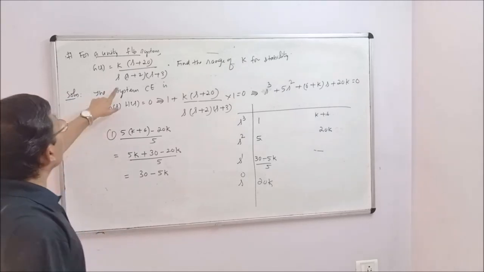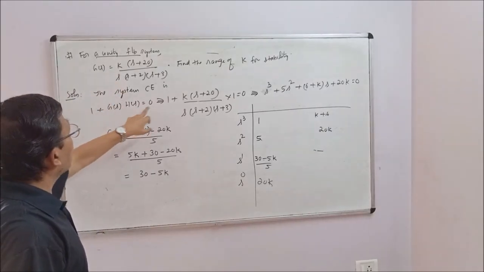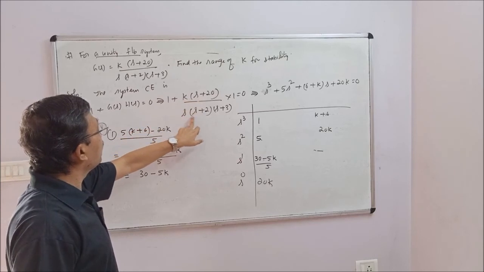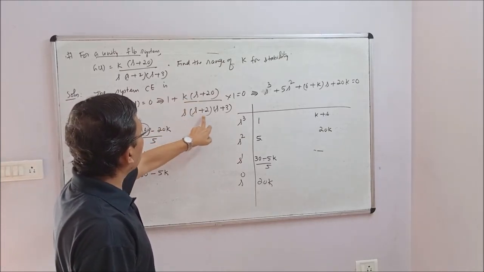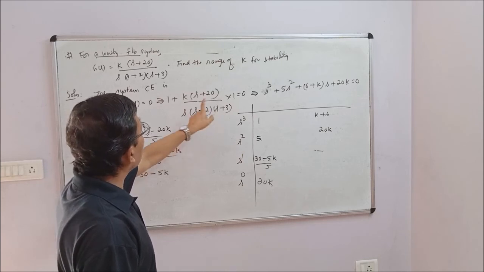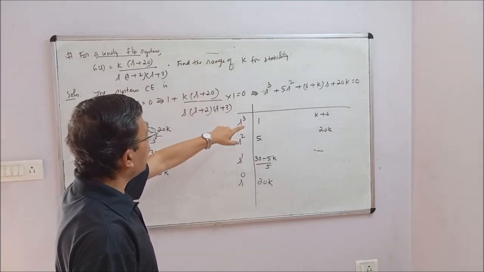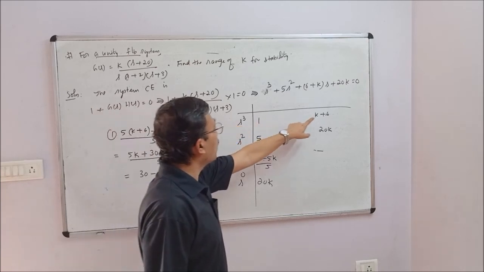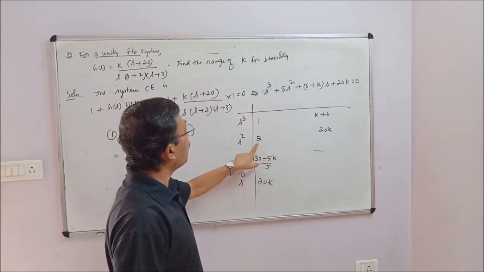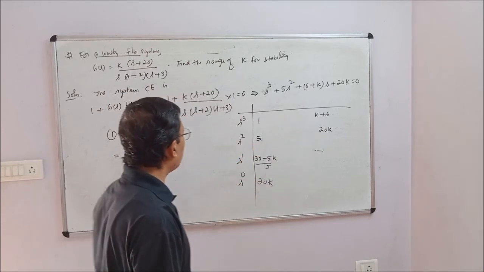So the equation is, let me check, K into (S plus 20) by S into (S plus 2) into (S plus 3), S cube plus 5S square plus 6S plus KS plus 20K equal to 0. This is the coefficient of S cube, coefficient of S to the power 1, coefficient of S square, coefficient of S to the power 0.